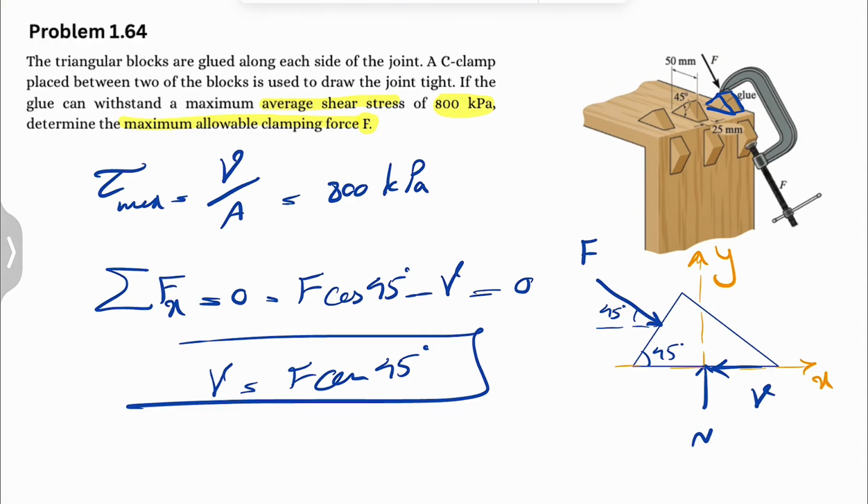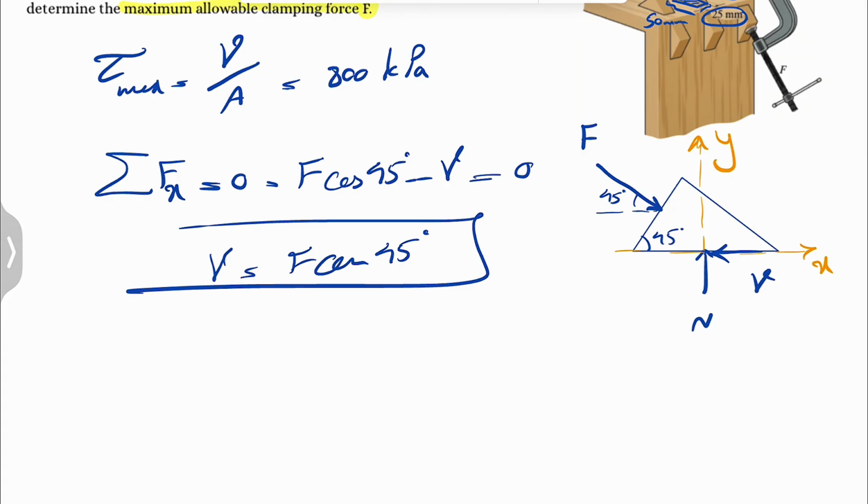For the area, we basically have the area of the bottom of this triangle. If we look at the question, we're looking for this surface, which is a rectangle. One side is 50 millimeters, given in the question, and the other side is 25. So our area would be 50 times 25, in millimeters squared, and we know 1 millimeter squared is 10 to the minus 6 meters squared.